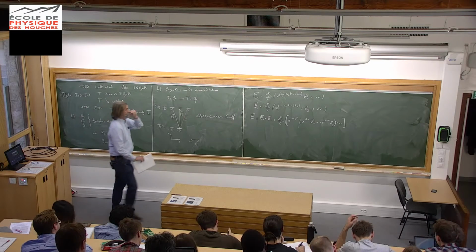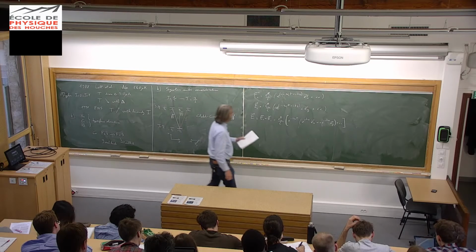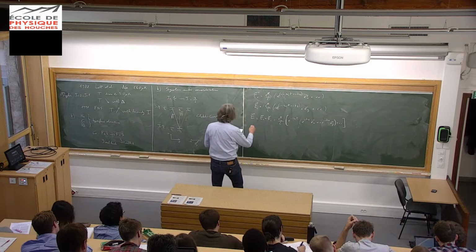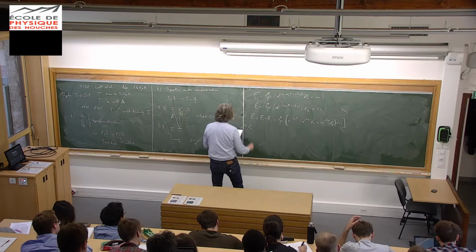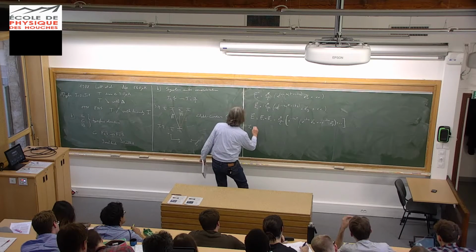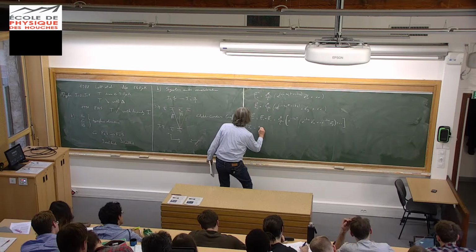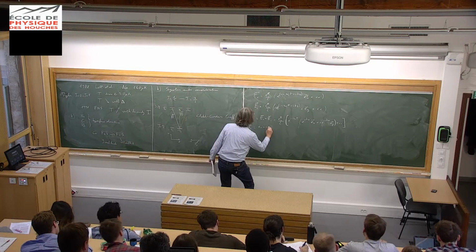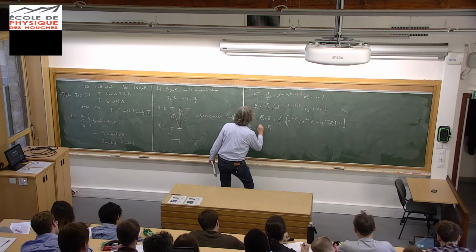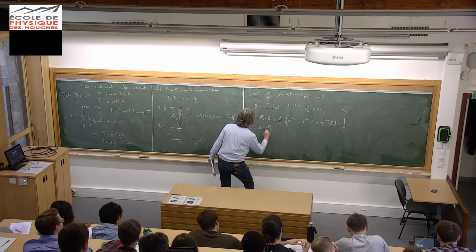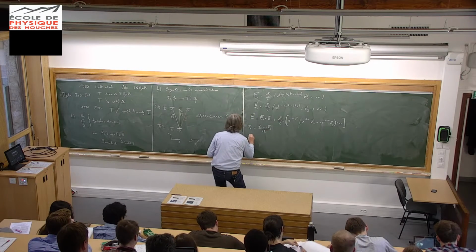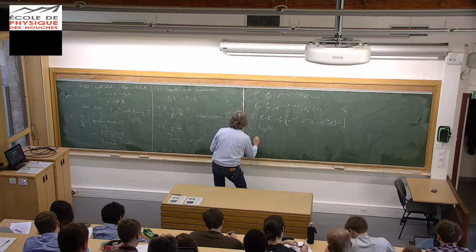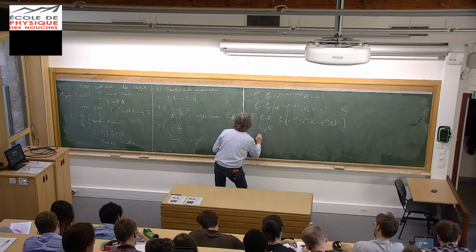And to go on, in fact, I will introduce the E plus field, which is E_x plus i E_y divided by square root of 2, and another one, E minus.